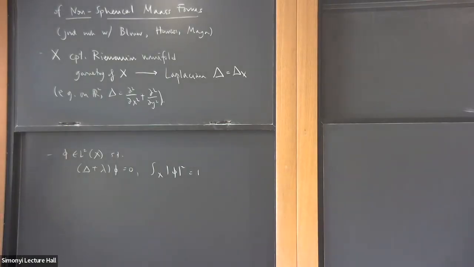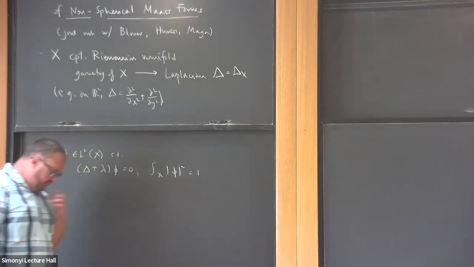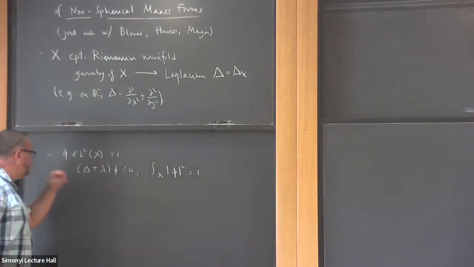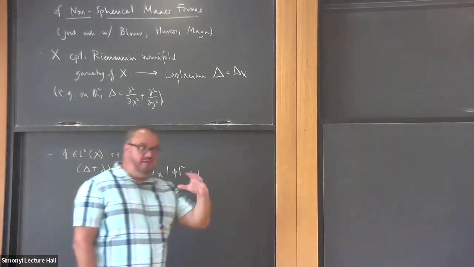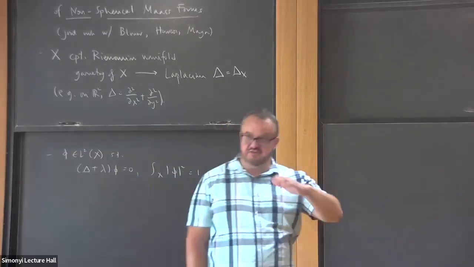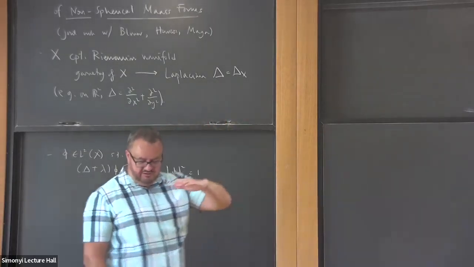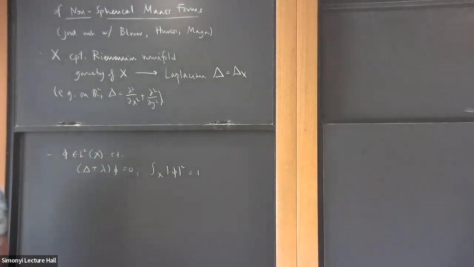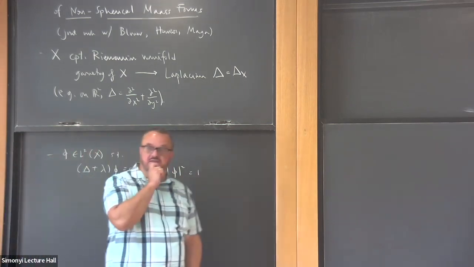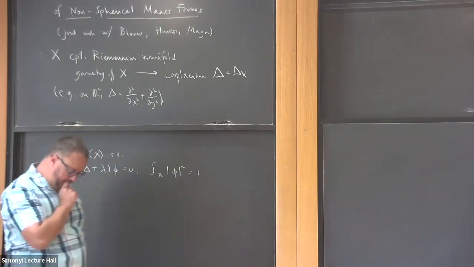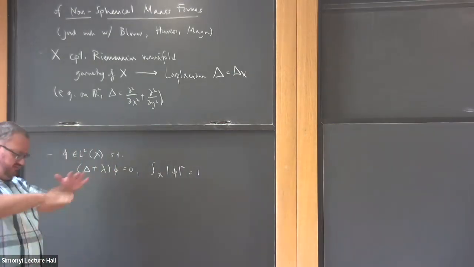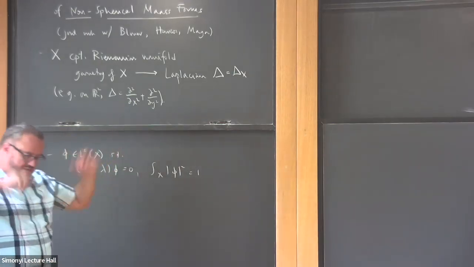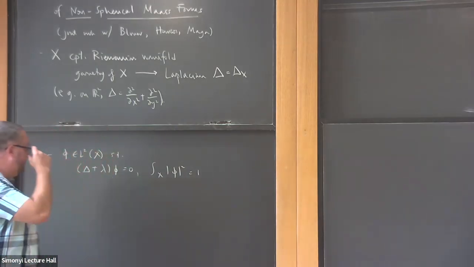If you have a compact Riemannian manifold, there will be a discrete sequence of these eigenfunctions with increasing energy levels lambda. For reasons that I'll explain in a few minutes, you want to understand what these look like for large lambda. For high energy levels lambda, these become pretty wavy, highly oscillating.